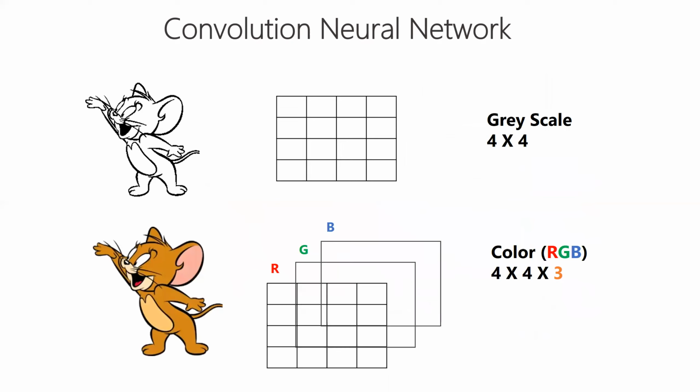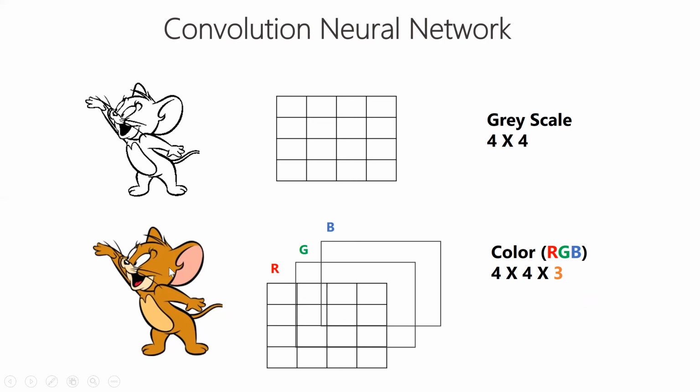This is a convolutional neural network image, a simple kind of image. We have two things: one is a grayscale image, the other is a colored image. Just consider these input images are of 4 cross 4 size. For grayscale, the size is 4 cross 4 cross 1. As I told before, for grayscale we don't have any color values, that's why it will be 1.